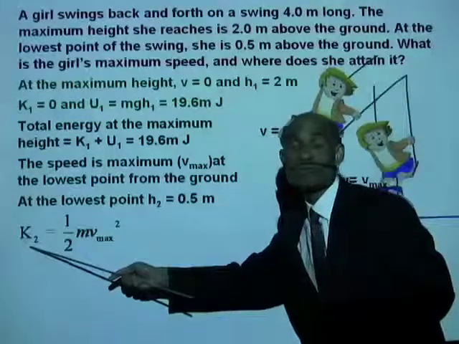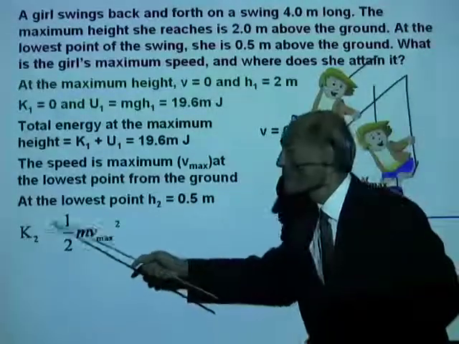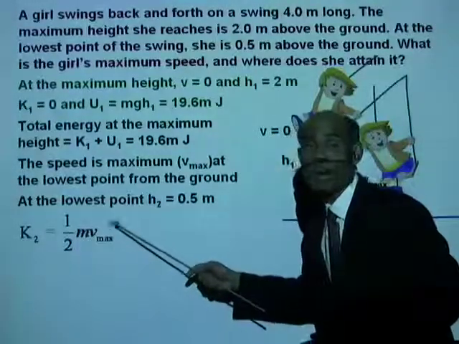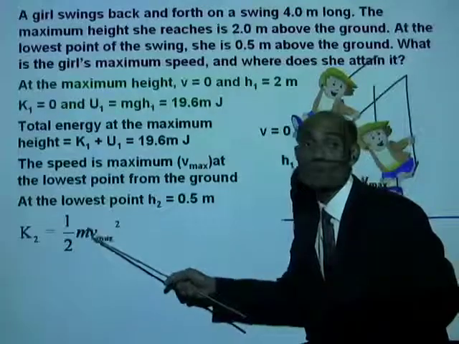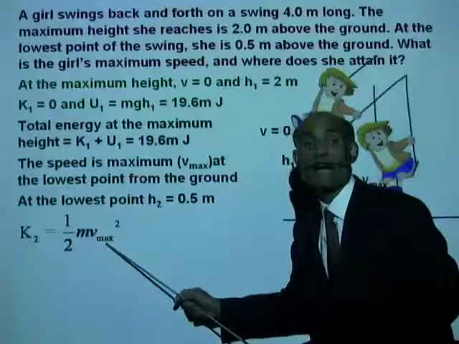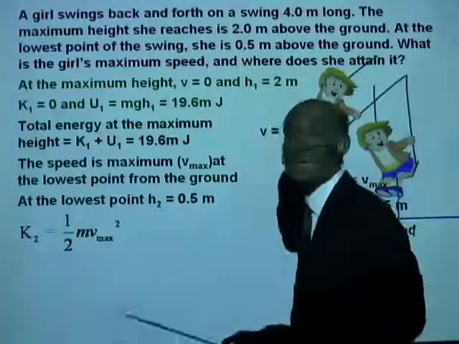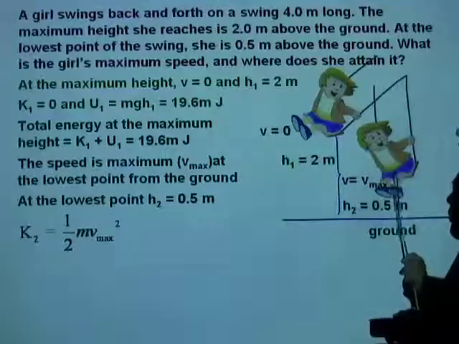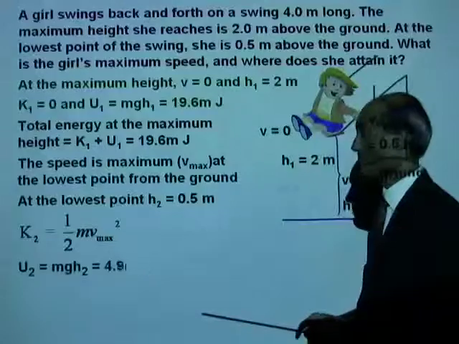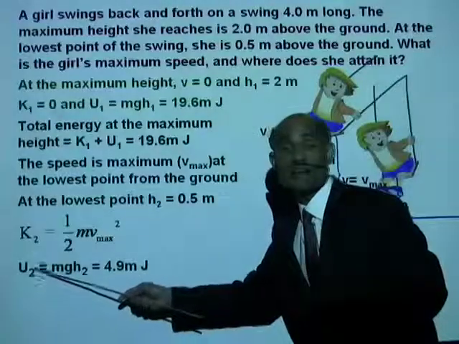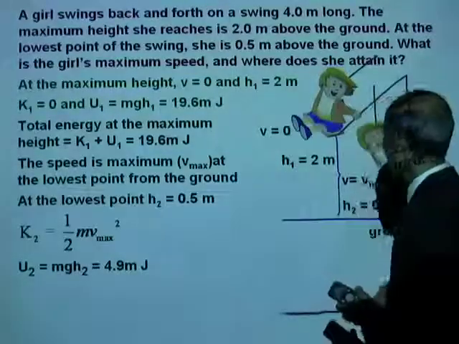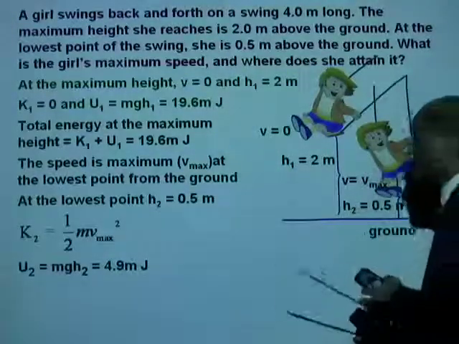If K2 is the kinetic energy there, that K2 will be 1/2 m v max squared. The speed there is the maximum speed, and I'm going to call it V max. The potential energy at that point is m g h2.